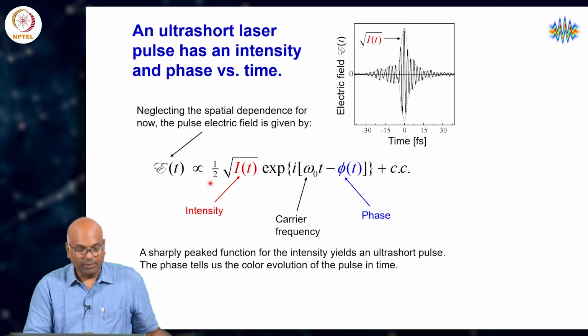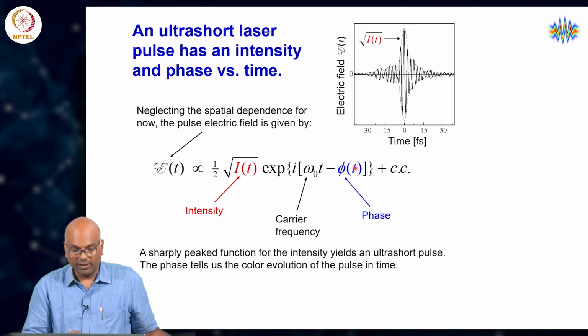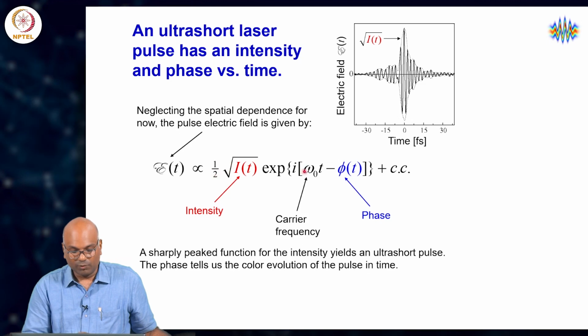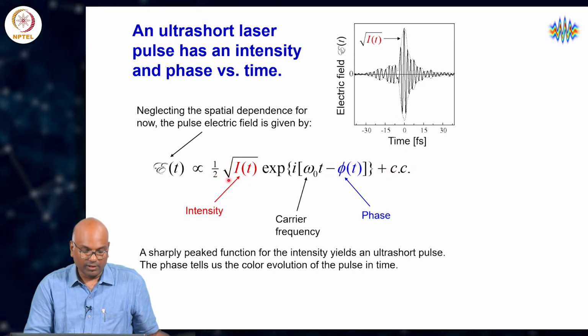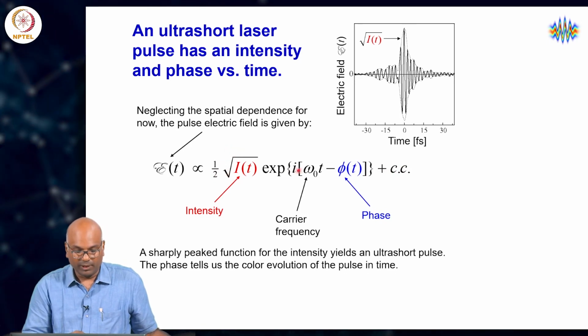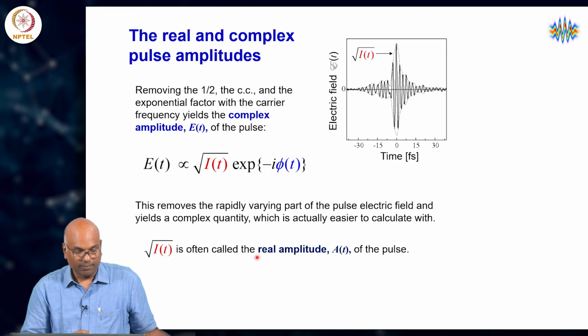The entire pulse being described by a real electric field, this function needs to be written as a half of this quantity plus its complex conjugate, which is essentially to say we consider the real part of this complex entity, which is an envelope multiplying e to the power i times the two phase terms.